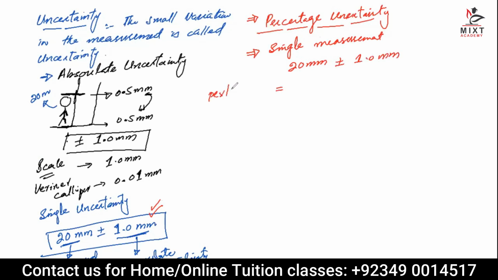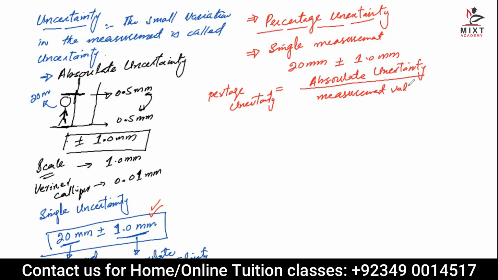So percentage uncertainty will be equal to absolute uncertainty divided by measured value times 100%.